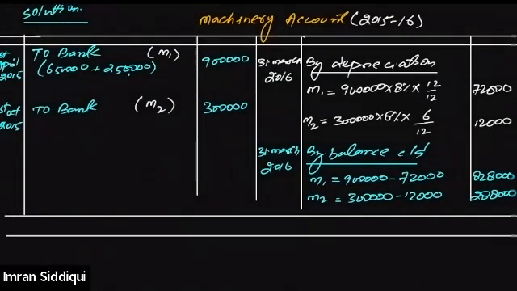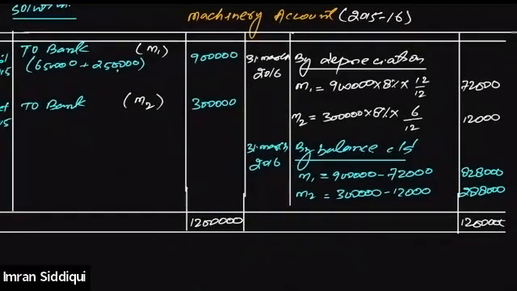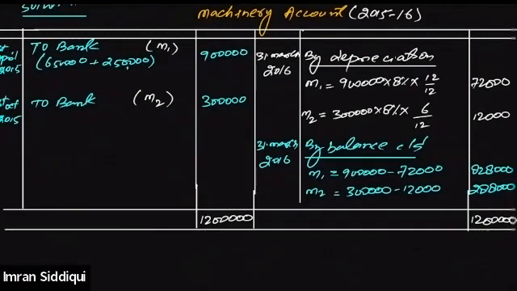And now we will total both the sides of the account. This will be 12 lakh and this will also be 12. Done, everybody? Is that clear, all of you?